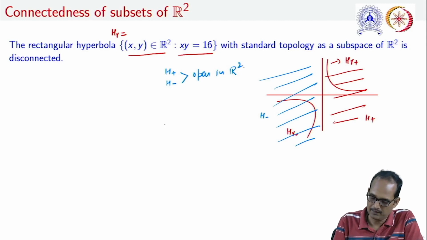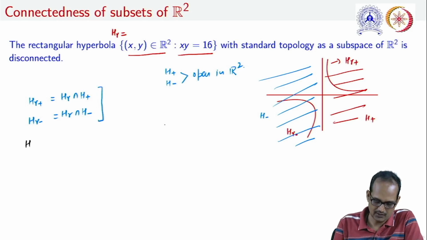Now if we are taking the intersection of this HR with H plus, what we will get? We will get HR plus, and if we are taking the intersection with H minus, we will get HR minus. So from here we can conclude that this HR plus and HR minus both are open in this HR.